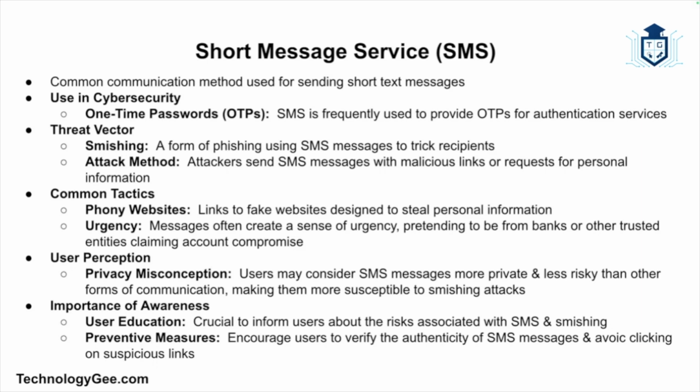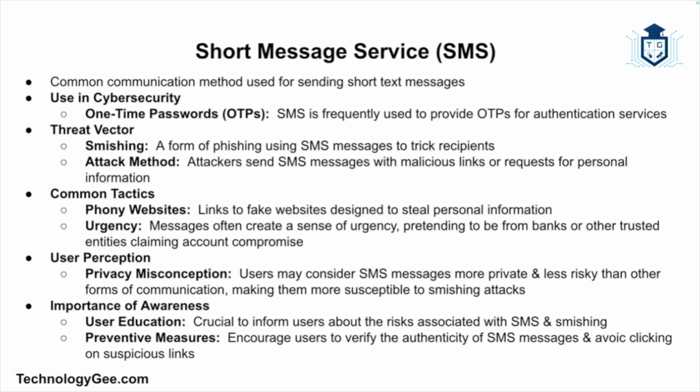This is called smishing, which is a combination of SMS and phishing. Smishing attacks frequently pretend to be from a bank and say that the recipient's account has been compromised to convey a sense of urgency. We will talk about smishing in greater detail later on.